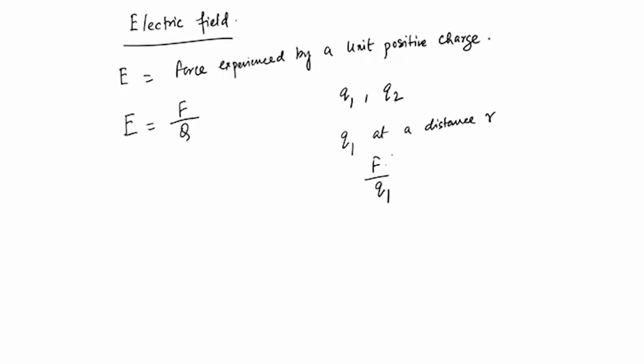That will give you the electric field that exists at a distance r where Q2 is located. So, that is the electric field that Q2 is going to feel due to Q1 being present at a distance r. Okay. So, that is what is shown.